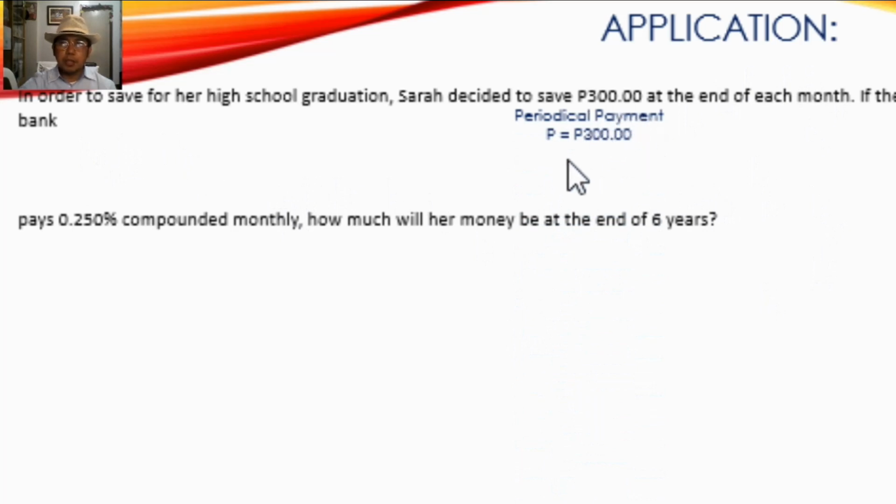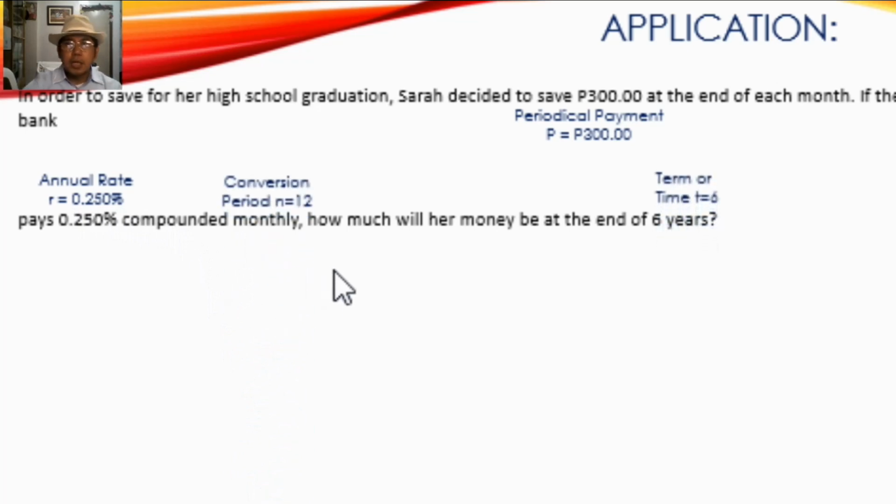Periodical payment is 300 pesos. Annual rate is 0.25%. Mode of conversion is 12. Of course, term or period of the savings is 6 years.